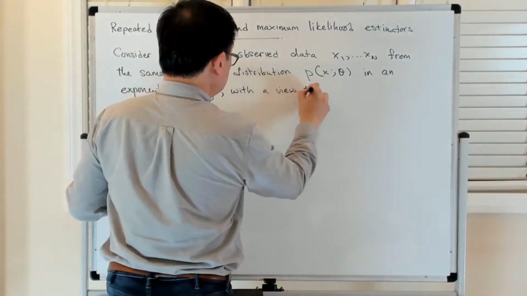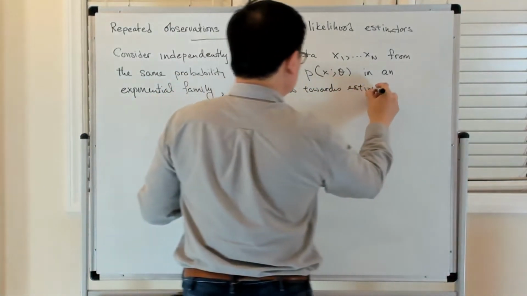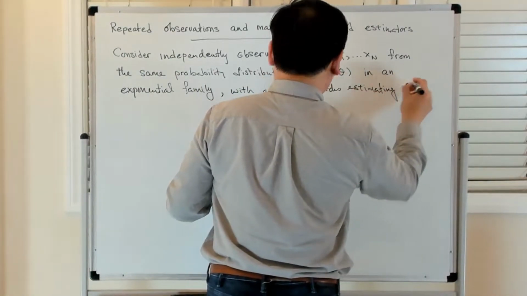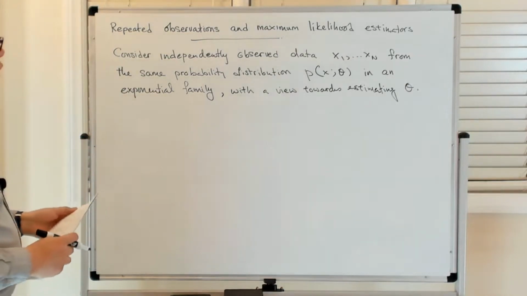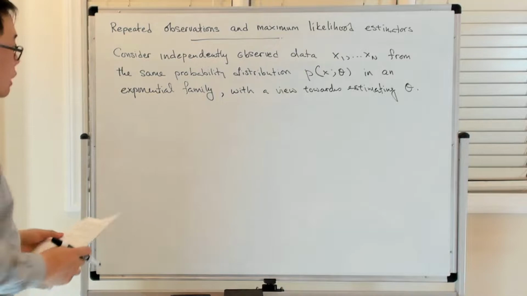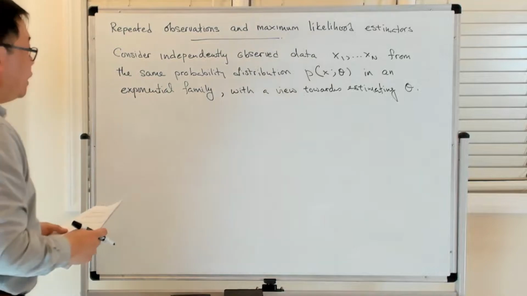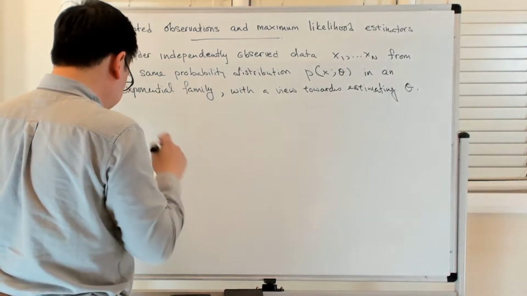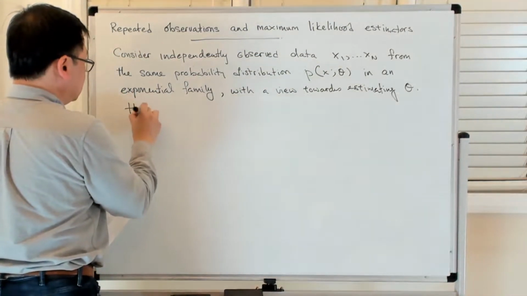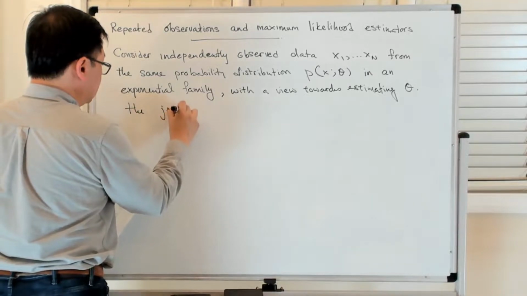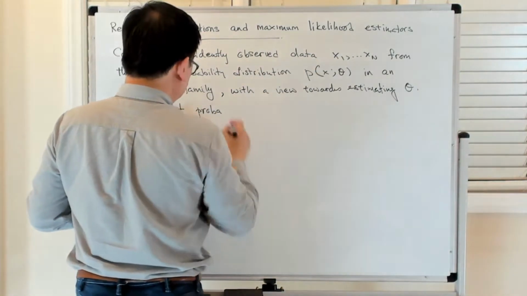So with a view towards estimating theta, you can ask yourself, what is the joint probability density function of these observations? Because you have independent and identically distributed data, the joint probability density is just given by the product of the individual probability densities.